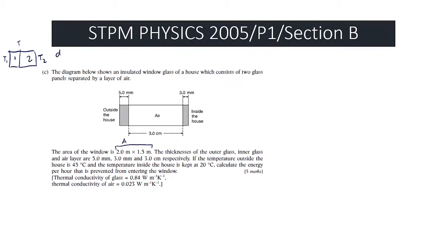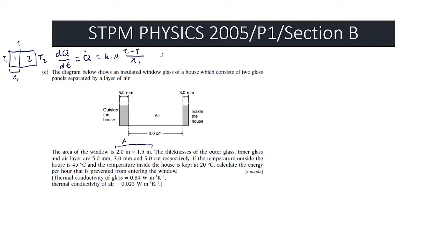Now the rate of heat flow is defined by dQ/dt, and I will use Q dot to represent this. It is equal to k1 A (T1 minus T) over x1, where x1 is given by the thickness here.